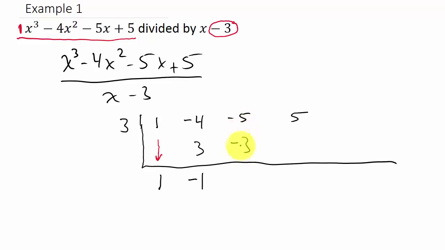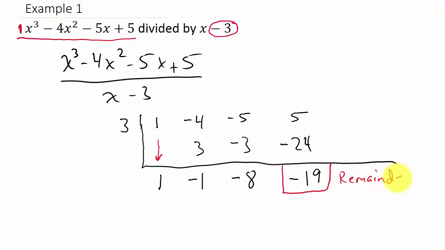So -5 plus -3 is -8. Then we multiply. 3 times -8 is -24, and then we add. So 5 plus -24 would give us -19. This last number that you get, this -19, is going to be your remainder.